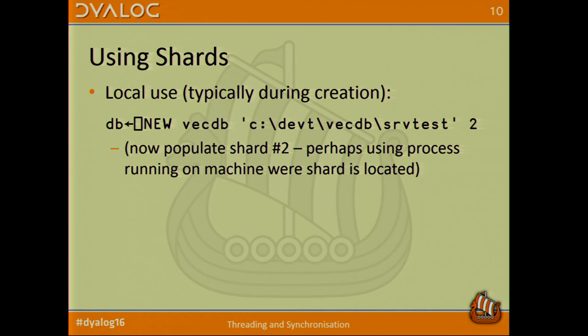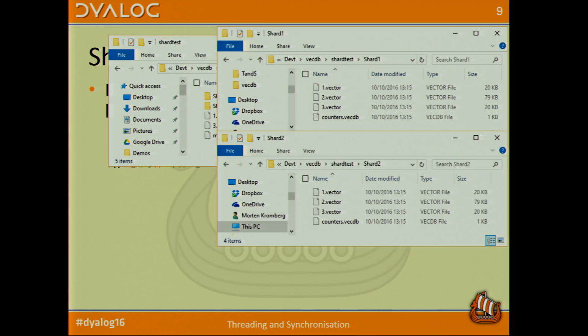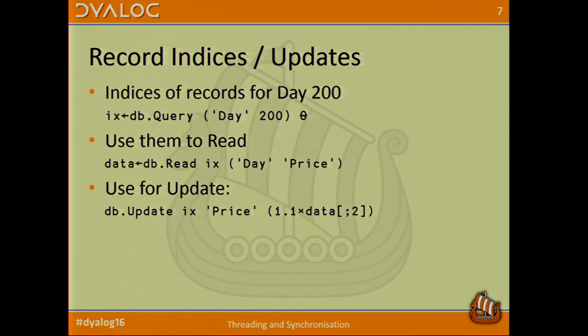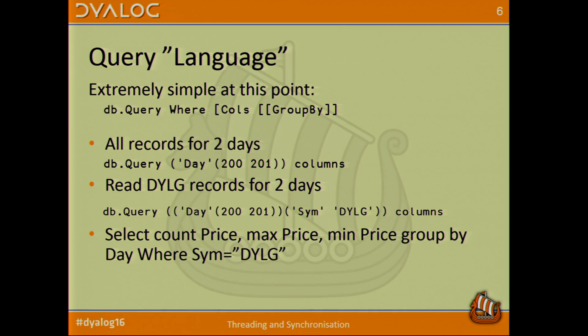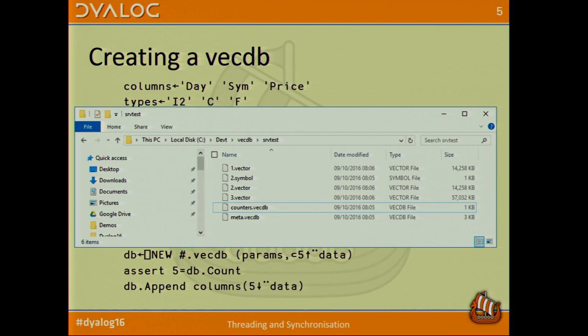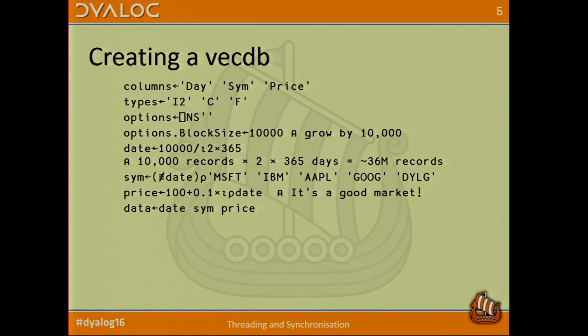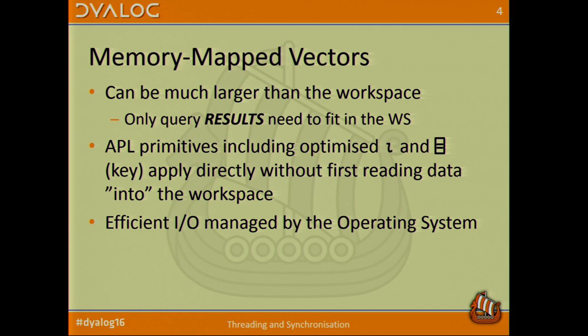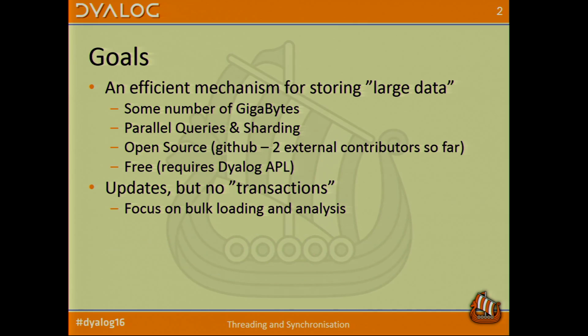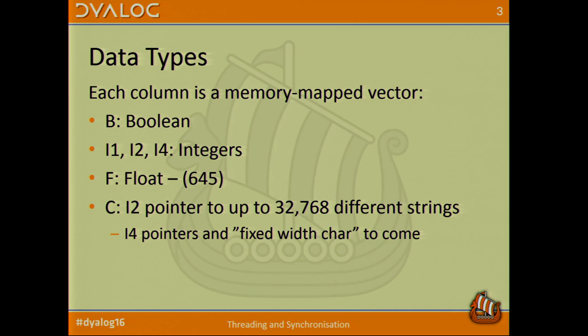Let's see. Even scrolling back through the presentation takes ages. Integers, float, and then characters are really just a symbol table. There we go.